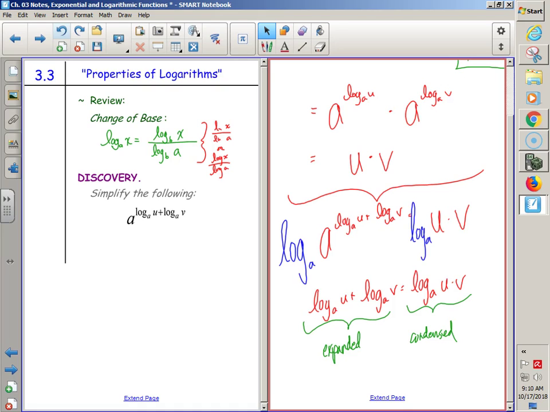In some ways, the expanded one is simpler because what's inside is simpler. It's broken up. But in some ways, the condensed one is simpler because the logarithm is only in one spot. Sometimes having a log in one spot will be helpful. Sometimes having it spread out will be helpful.